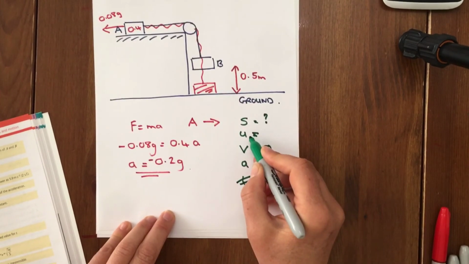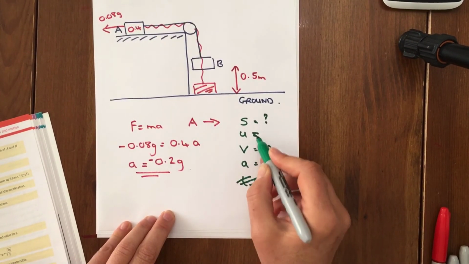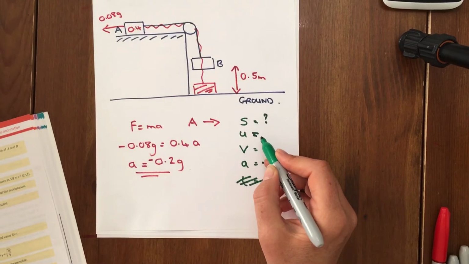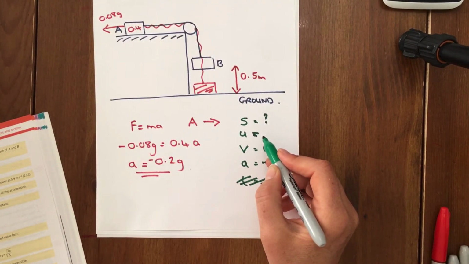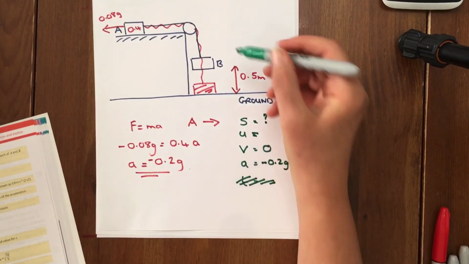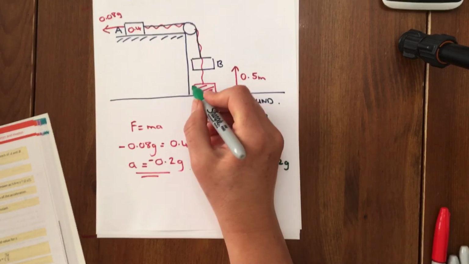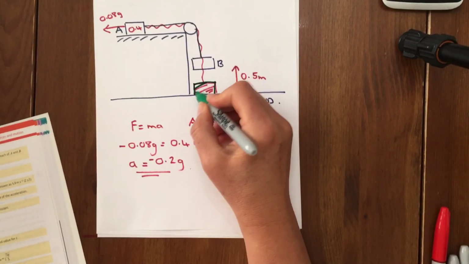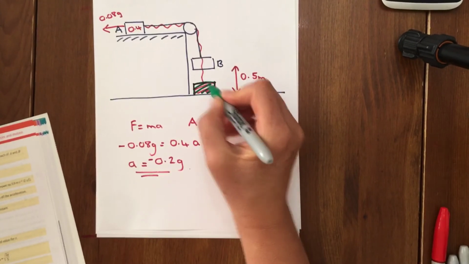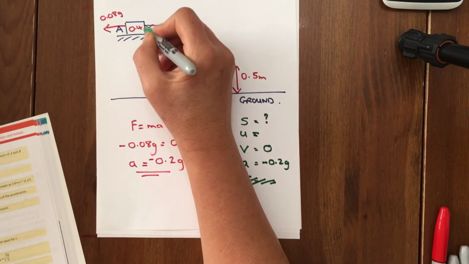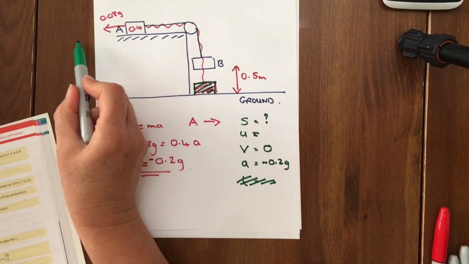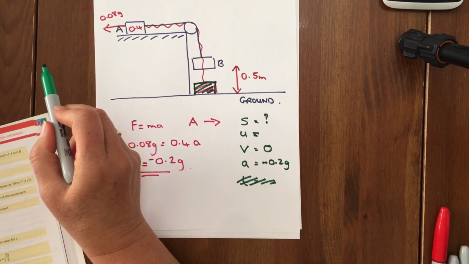So I need to know what my initial velocity of A is. How do I find my initial velocity of A? Well, that would be the same as the velocity of B when it hits the ground. So when B hits the ground here, this velocity will be the same as the initial velocity of A after A has travelled 0.5 metres.